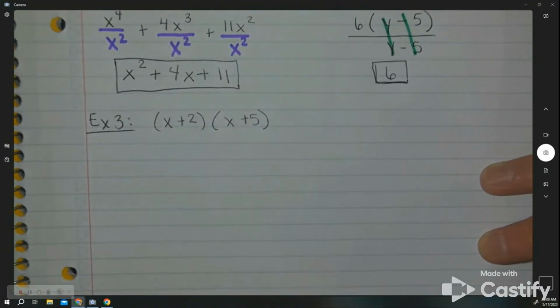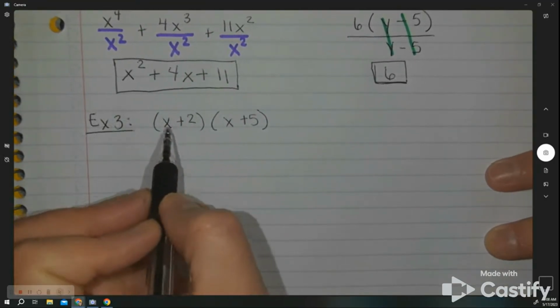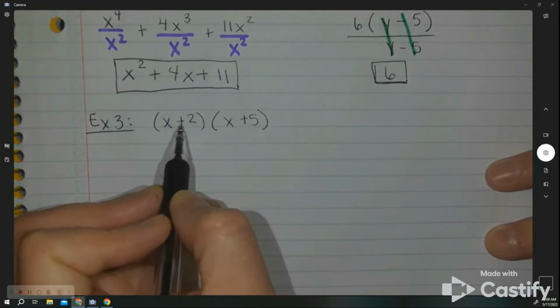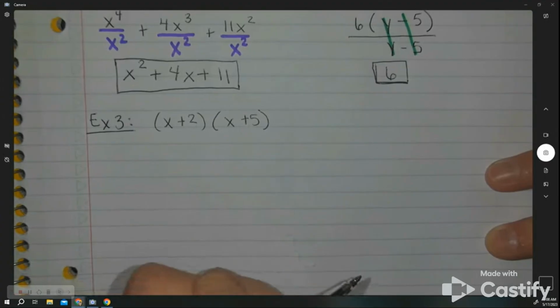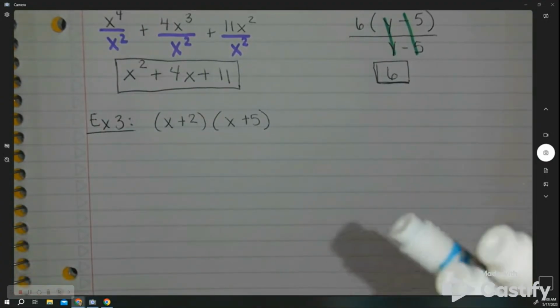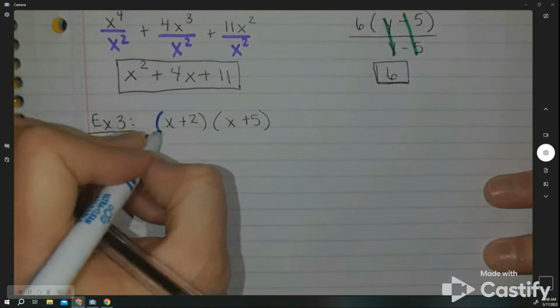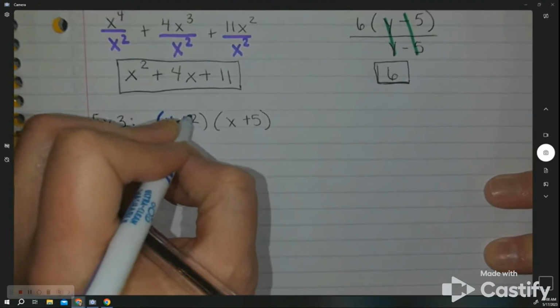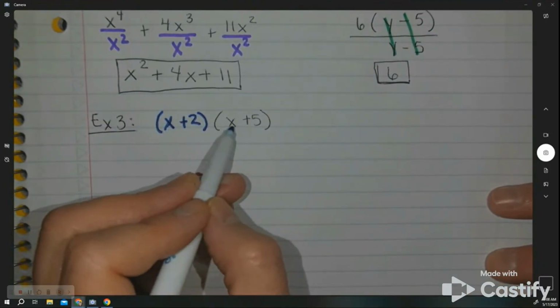Now, at the top, we took a monomial and multiplied it by each piece within the parentheses. Here, each term in the first binomial has to get multiplied by each term in the second binomial. So I want to rewrite everything from that first binomial, separate it, and multiply it by the second one.